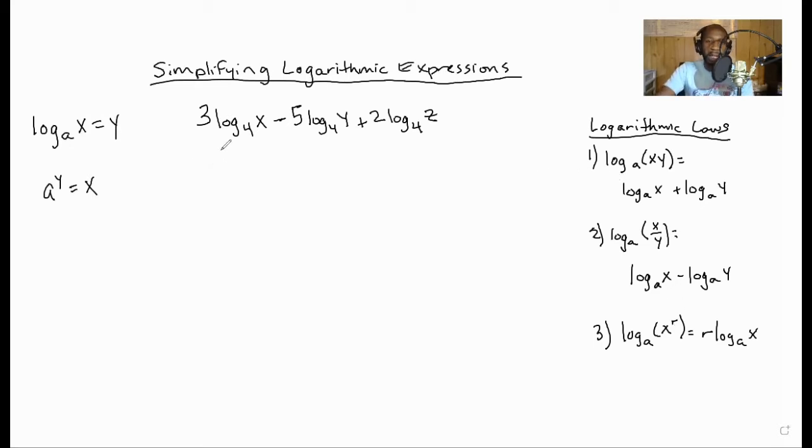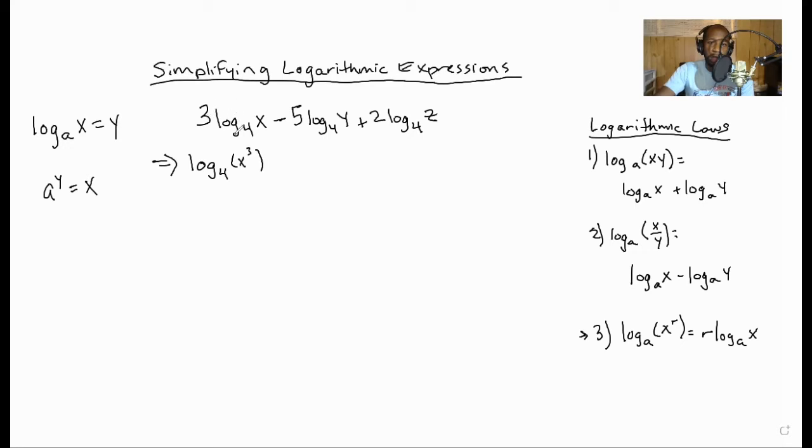So we're going to do it step by step. The first thing I'm going to do, since it's difficult to combine these with these constants here, let's do something about those constants. Specifically, we're going to use logarithmic law number 3 first and put those constants inside of the logs as the exponent, as the power of that variable. So I'm going to do it all in one stage. It's log base 4 of x cubed.